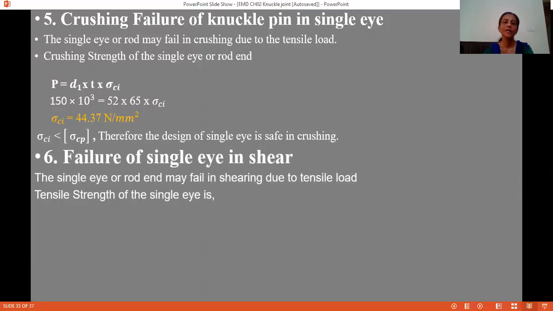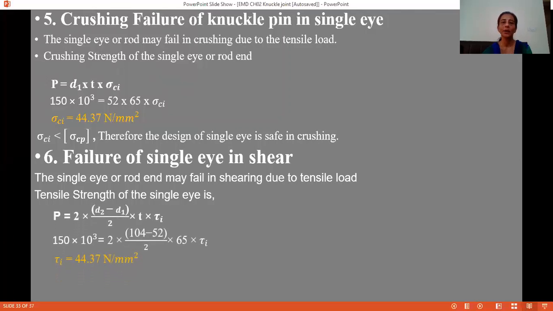Now, failure of single eye in shear. Due to push by the pin, end of the single eye will be sheared off, and that will be double shear failure. Strength equation: P is equal to 2 into (d2 minus d1) divided by 2 into T into tau induced.